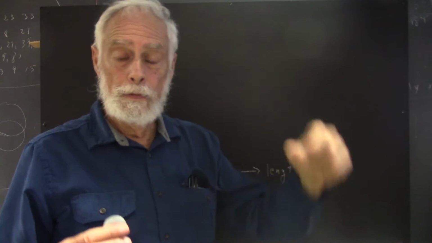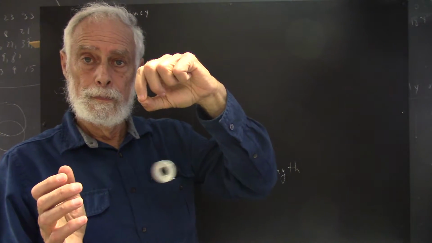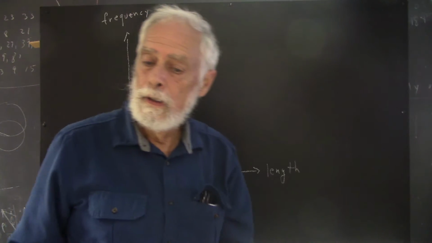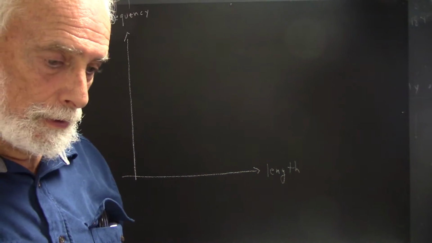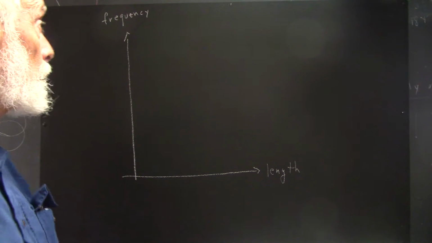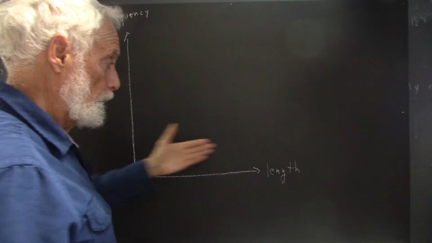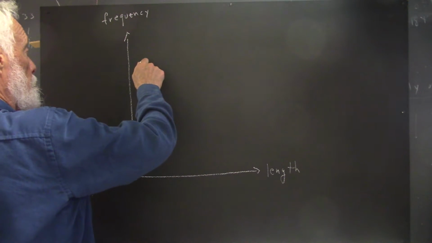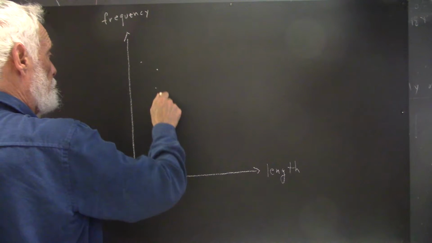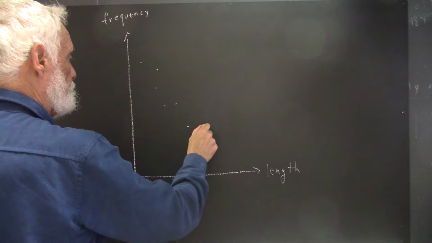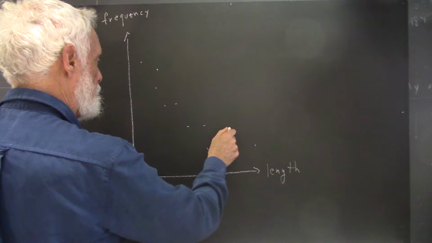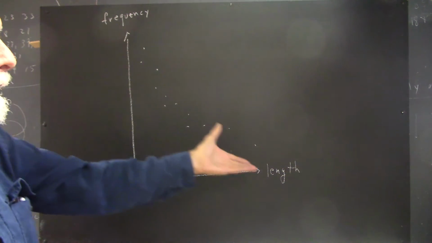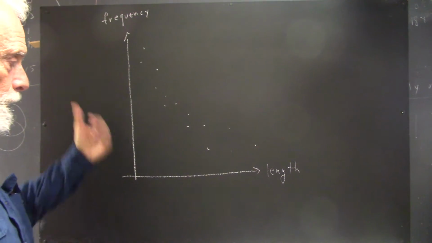Okay, we do that for a number of different lengths, and we get a graph of frequency versus length. Now, the longer the pendulum is, the less the frequency, and it turns out that your frequency versus length data might look something like this. Okay? That could be a frequency versus length curve.